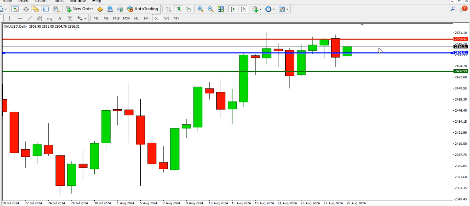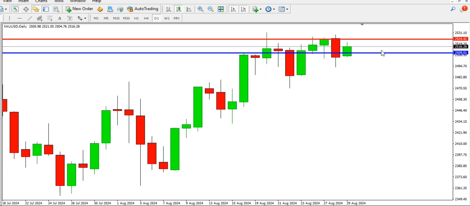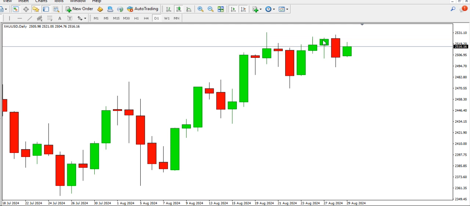It is a bearish candlestick, and it's engulfing the previous day's candlestick. We might see today's candlestick ending up as a bearish candlestick, but if that does not happen, we might see today going above or testing the all-time high level.